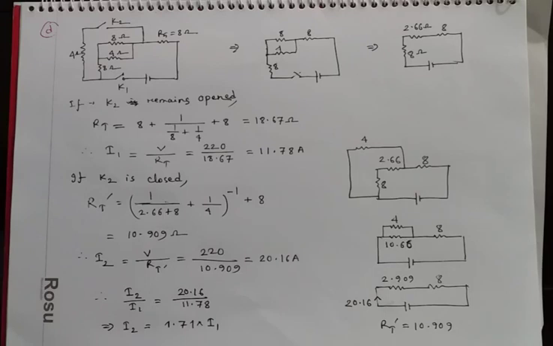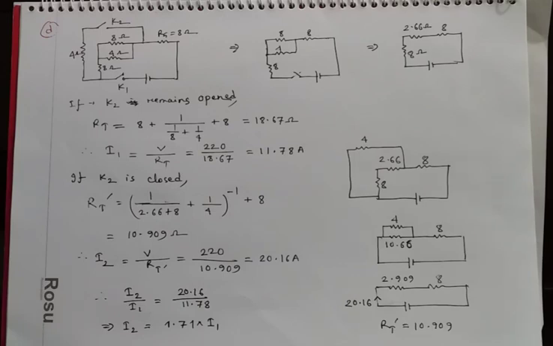So we are observing that whenever K2 is closed, the current is more than when the key remains open. Here is another observation: when key 2 is closed, the total resistance of the circuit is reduced, and that's why we have got more current in the second case.